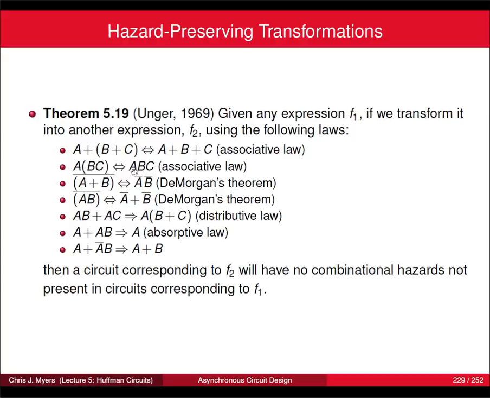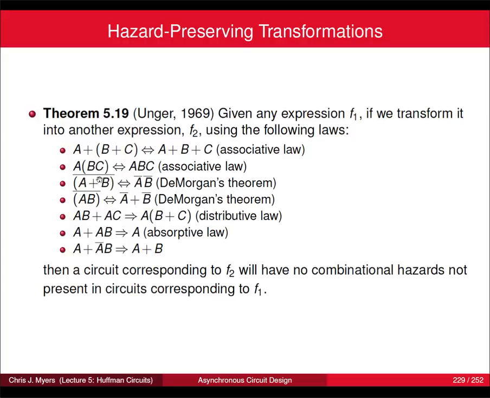The same goes for products. If you have, say, a 3-input product and you decompose it into two 2-input products like so, you are not going to introduce any hazards, which is good, also if you have an arbitrarily large product. De Morgan's theorem, which hopefully you remember from your logic design classes, is also hazard preserving in both directions. So you can convert ANDs to ORs with the appropriate complements.